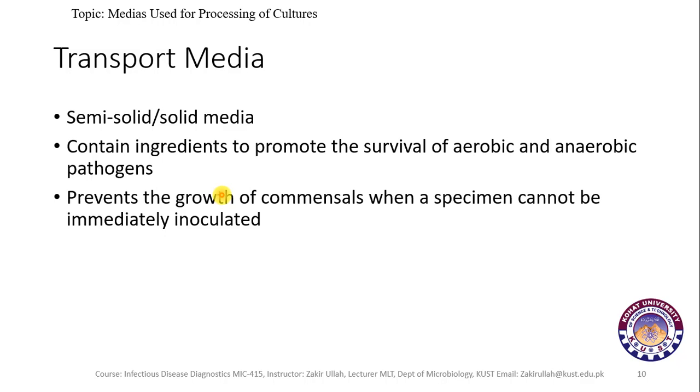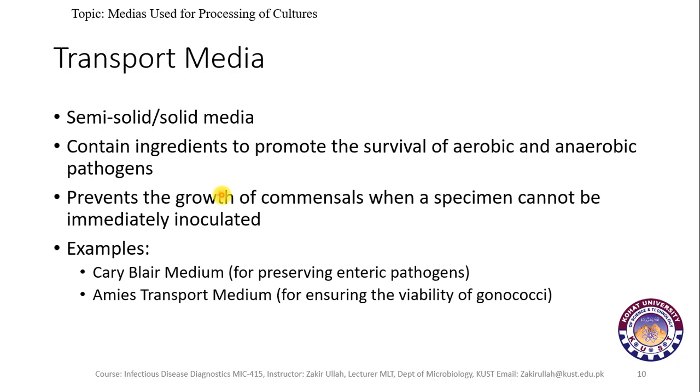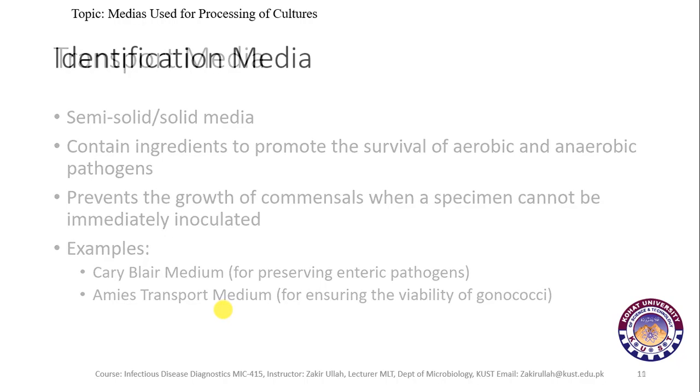They are required when a specimen is to be shipped from a place where culture facilities are not available, or if the sample is being sent to a reference lab. Examples are Cary-Blair medium, used for enteric pathogens, and Amies transport medium, used for the viability and survival of gonococci. These are two examples of transport media.